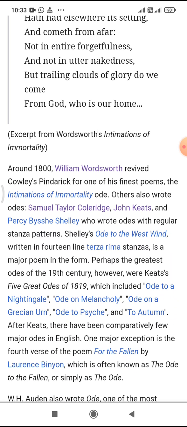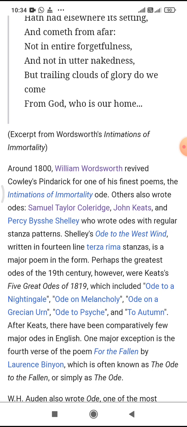Other poets also exercised this literary form, like Samuel Taylor Coleridge, John Keats, whose Ode to Autumn we have read, and Percy Bysshe Shelley, who wrote odes with regular stanza patterns. Shelley's Ode to the West Wind, very important, written in 14-line terza rima stanzas, is a major poem in the form.